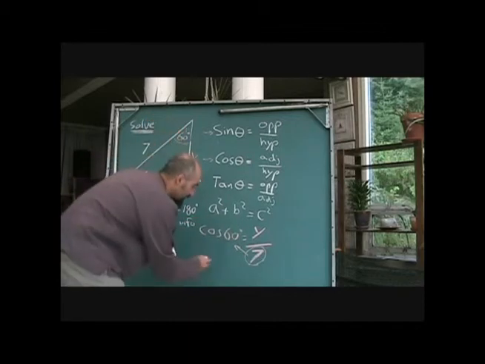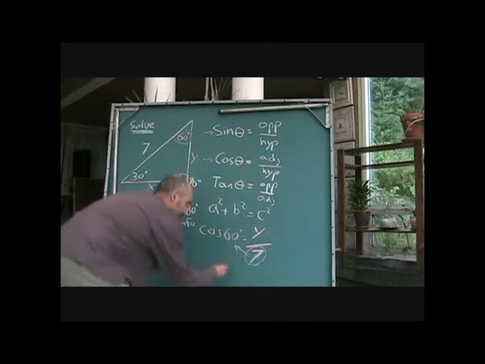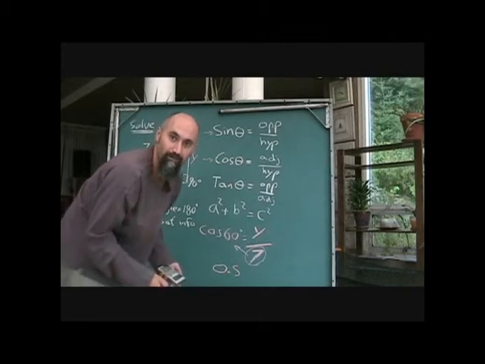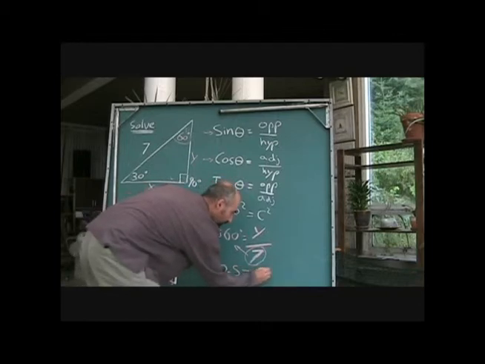So cos of 60 degrees is 0.5. This becomes 0.5 is equal to y over 7.